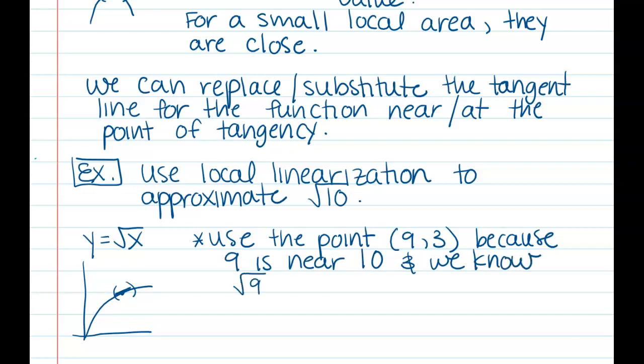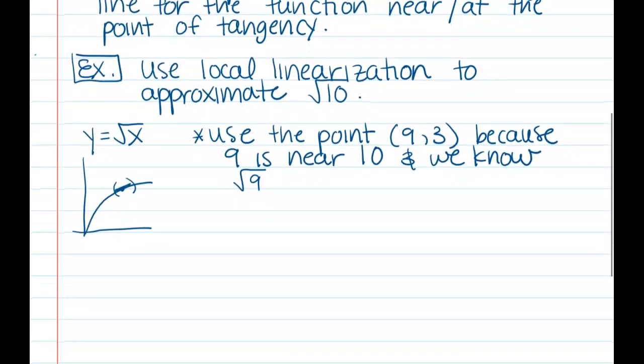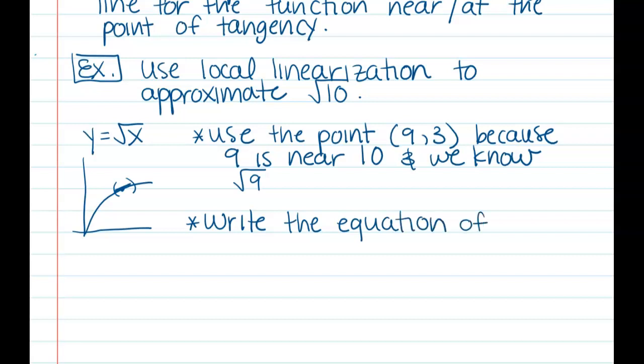If you're like, oh, 11 is pretty close to 10, it is, but what's the square root of 11? It's not anything nice. So we'll use the point 9, 3, and we are going to write the equation of the tangent line at that point 9, 3.